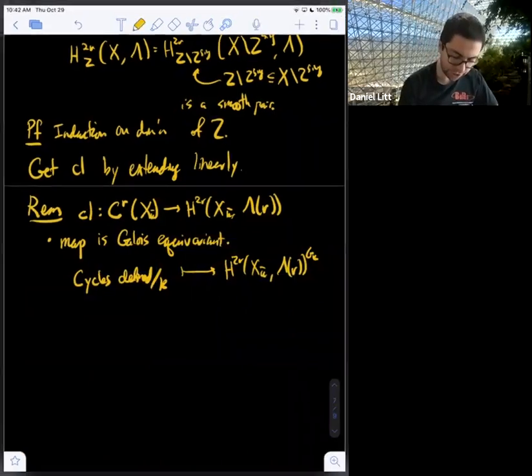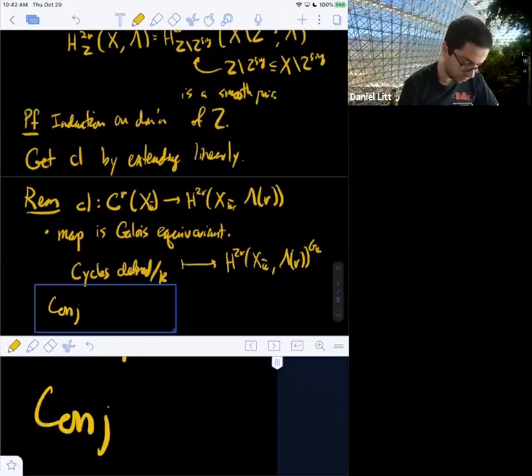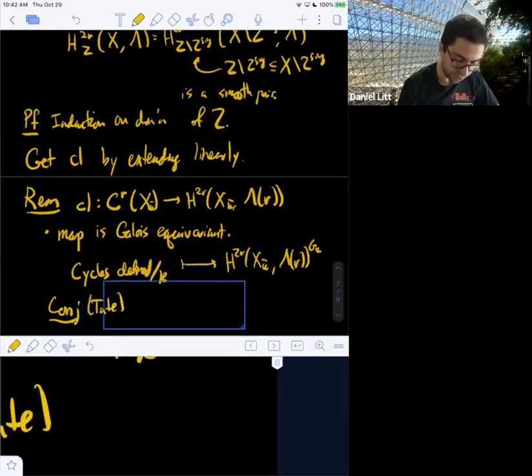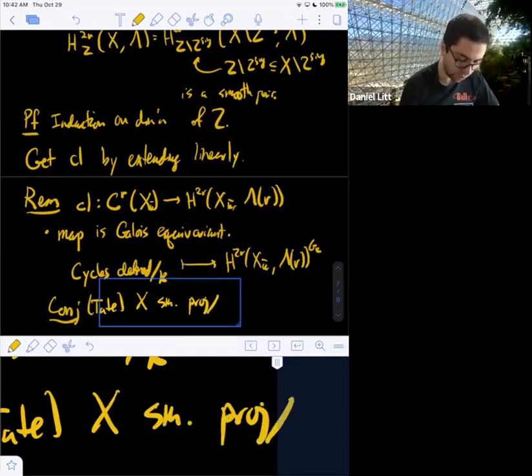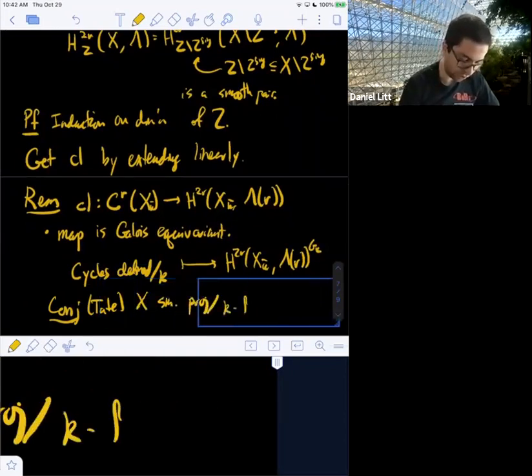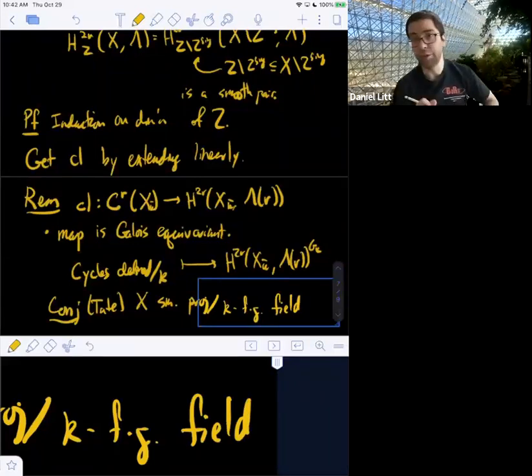So the conjecture, the Tate conjecture, or at least part of the Tate conjecture: let's suppose X is smooth and projective over K, which is a finitely generated field. Finitely generated field just means you take the fraction field of a variety over F_q.